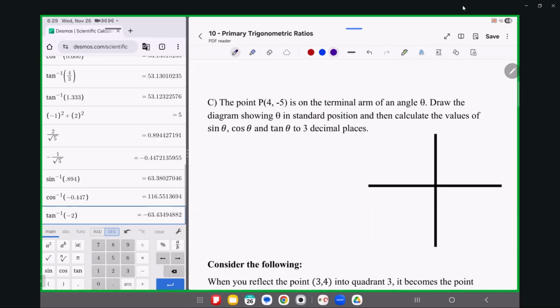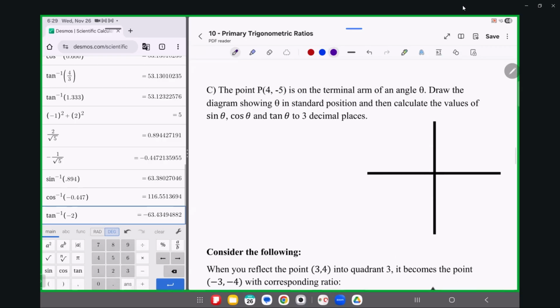Okay, so now we have the point P is now 4, -5. So that's going to be down here. So this is the point P, which is given by 4, -5.